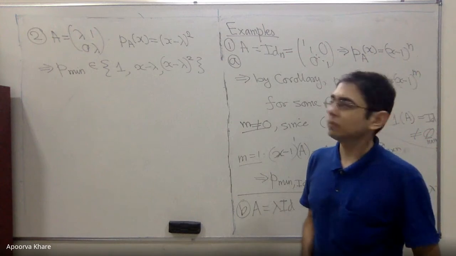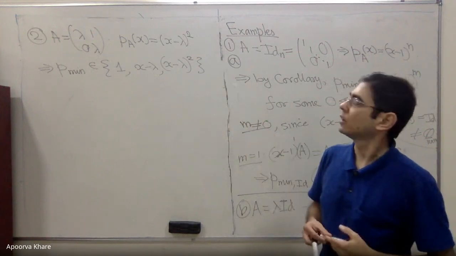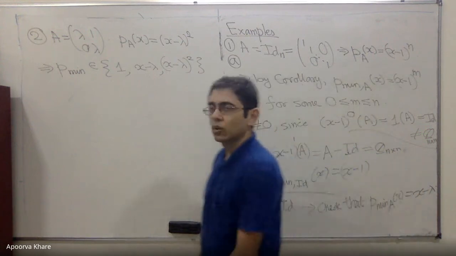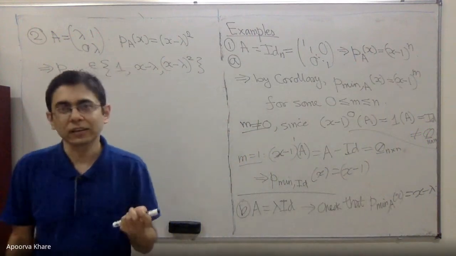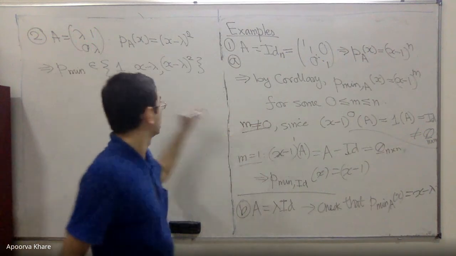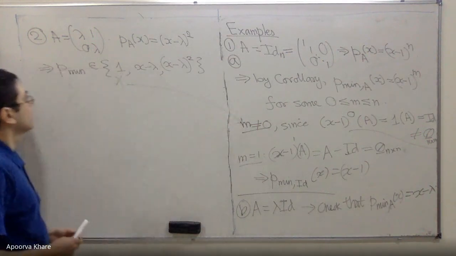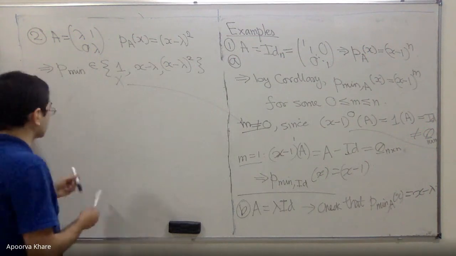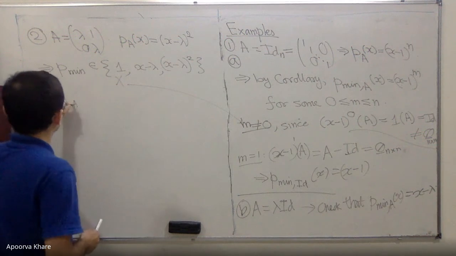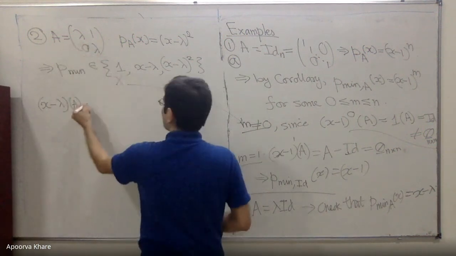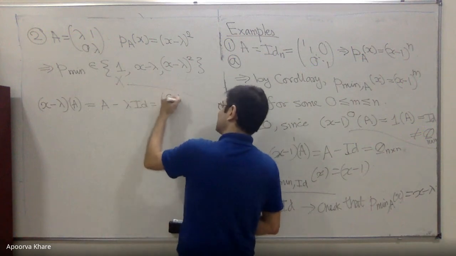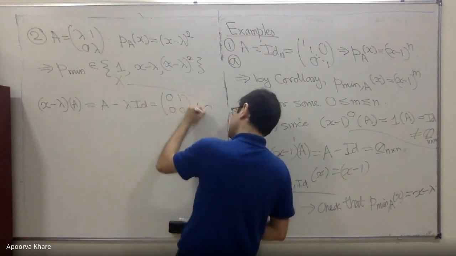It's one of them because those are all the factors of P_A. Now, 1 is never the answer, for the same reason: 1 evaluated at any matrix gives you the identity matrix, which is never 0. So 1 is no doubt ruled out. What about x minus lambda? Well, let's take a look. If you look at x minus lambda applied to A, you have to do A minus lambda times identity. And as you can very well see, this is not the 0 matrix.